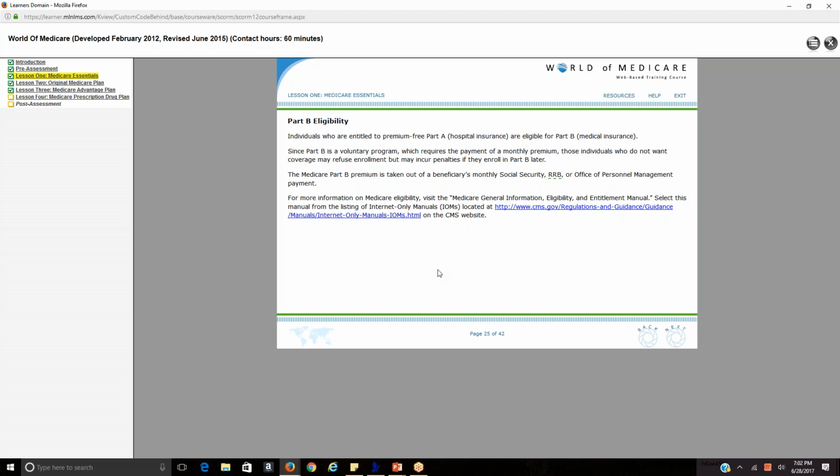Now, the same rule applies for Medicare Advantage. Let's say, for example, you enroll in Medicare Part B, and then you decide right away, hey, I'm very healthy. I don't want to pay all of these premiums for supplemental coverage, for drug coverage.